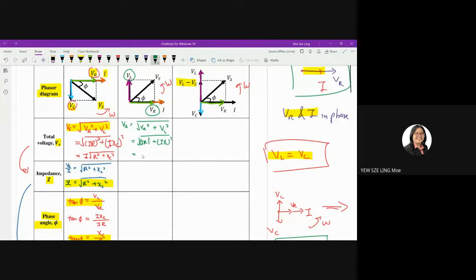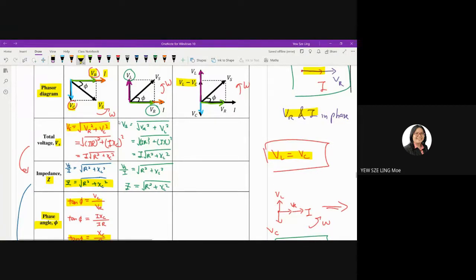Then you factorize the I out, and you get I times the square root of R squared plus XL squared. Rearrange the equation once again, you have Vs over I, which is equal to the square root of R squared plus XL squared. Vs over I, the total divided by I, gives you Z. So Z is equal to R squared plus XL squared, and then square root it.